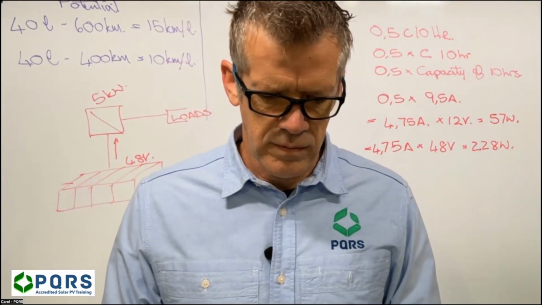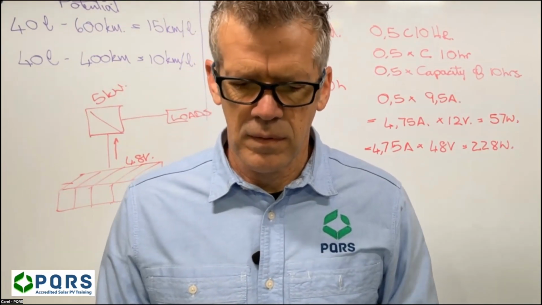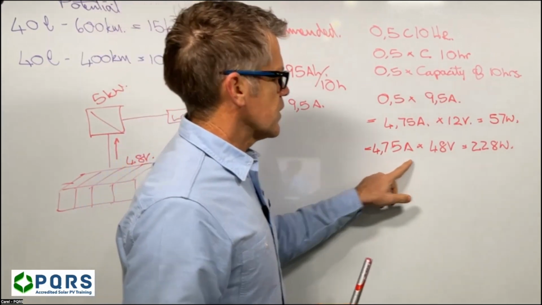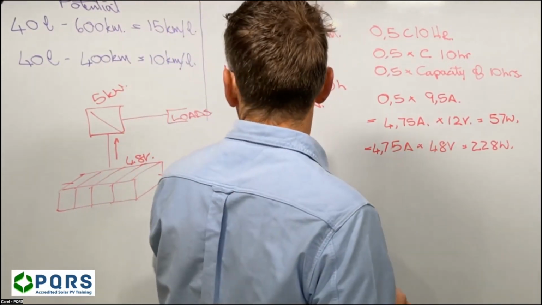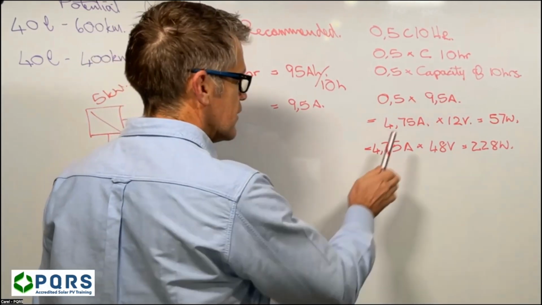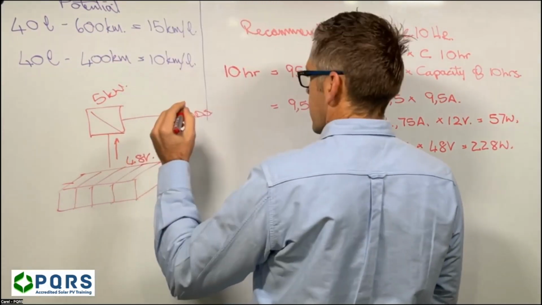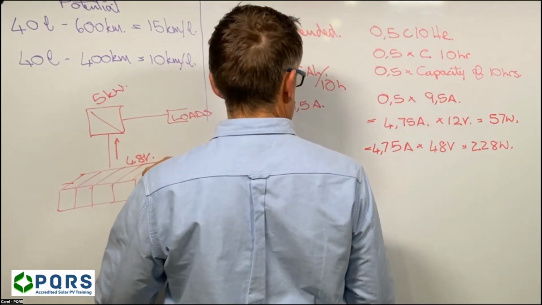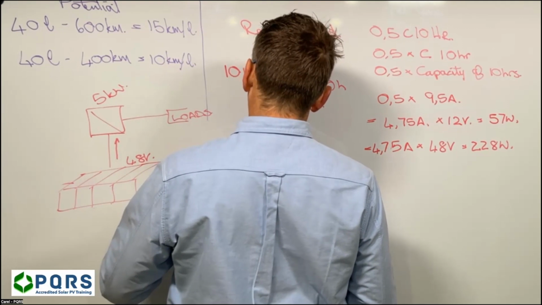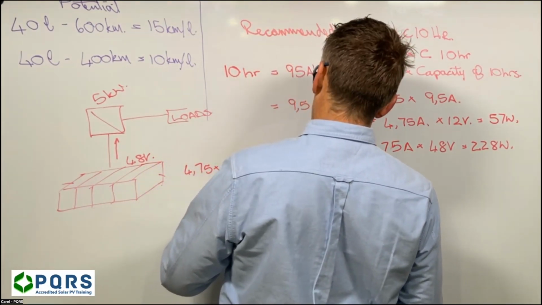That's if my maths, yeah, that's correct. 228 watts. So what they're saying is we have 4 batteries connected in series, and we can discharge at a rate of 228 watts. So 4.75 times 48 volts equals 228.